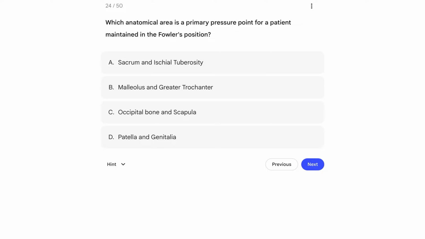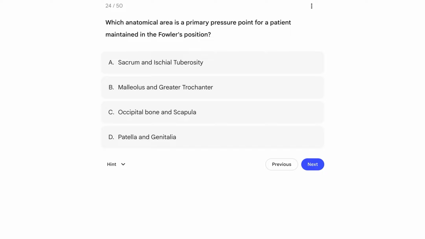So, what is your answer? Option A, sacrum and ischial tuberosity for the Fowler's position; malleolus and greater trochanter; occipital bone and scapula; patella and genitalia. Which is your answer?